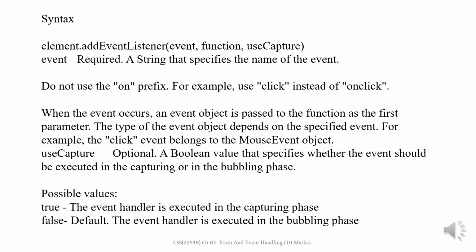The function is required, and it specifies the function to run when the event occurs. When the event occurs, the event object is passed to the function. The type of the event object depends on the specified event.